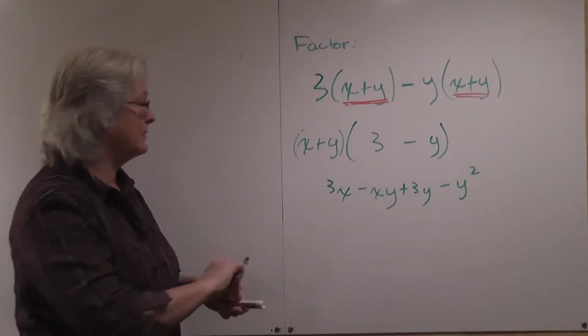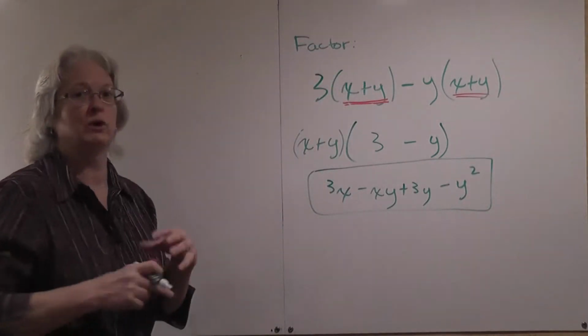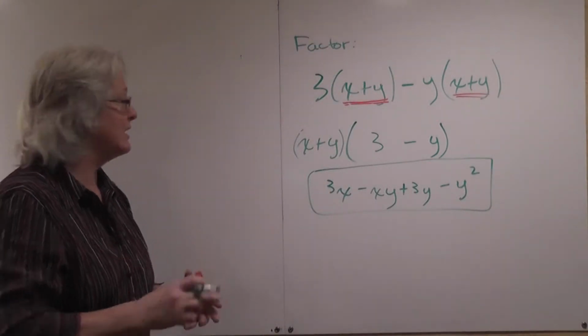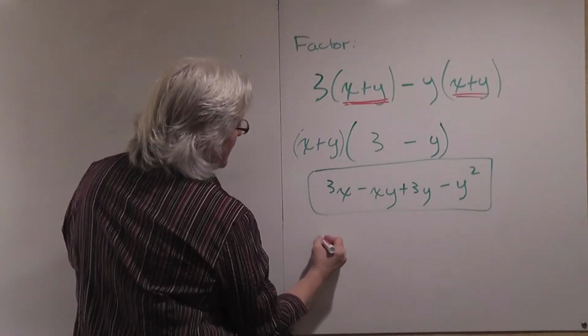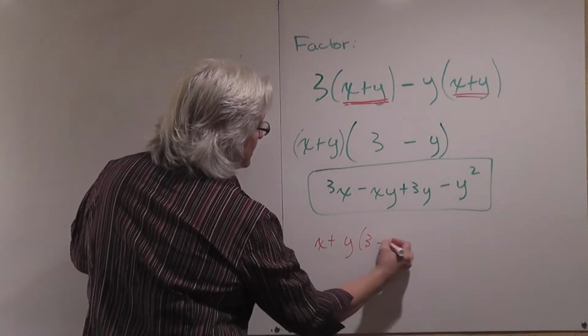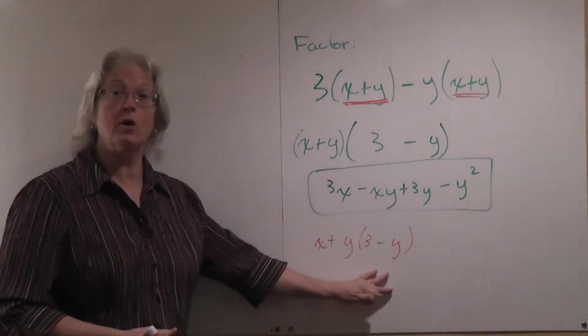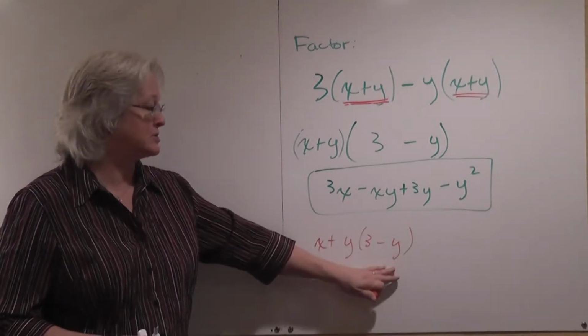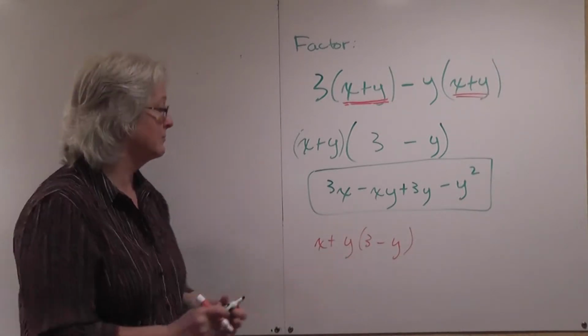Now watch what happens if we change our problem, if we get careless or if we think we don't have to have those parentheses, and we change this into x plus y times the quantity 3 minus y. We're no longer multiplying two binomials together. We simply have this y that we're distributing.